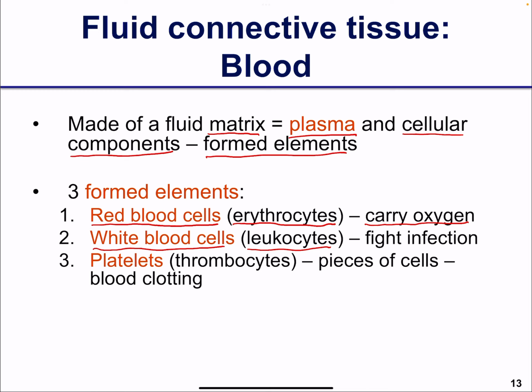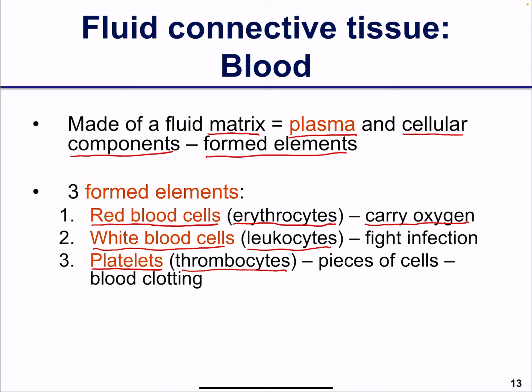Whether you are fighting a viral infection or a bacterial infection or a parasitic infection, they all contribute in causing your body to be restored. Then the third component is the platelets. The platelets are also called thrombocytes. I expect you to know this. Thrombocytes are fragments of cells.